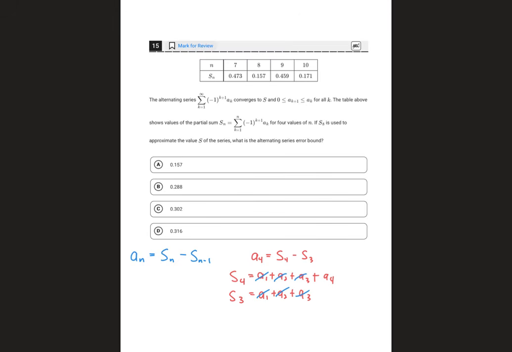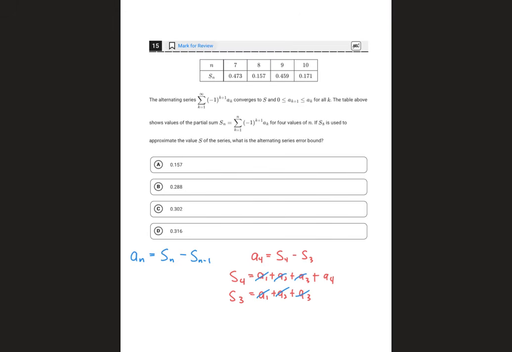Okay, so let's get into this problem now. So they say some alternating series converges to S. Not sure exactly why they have this stipulation. This stipulation just says 0 is less than or equal to these, so it's just saying that these are positive, or 0, I guess. And then this is saying that the terms are decreasing, right?